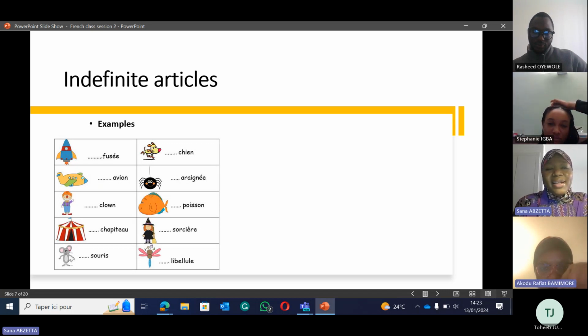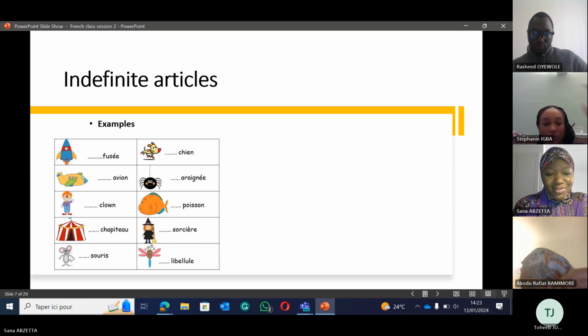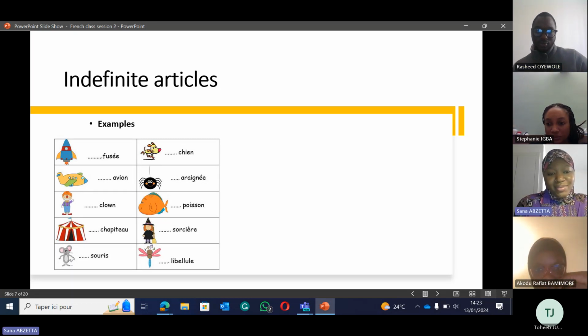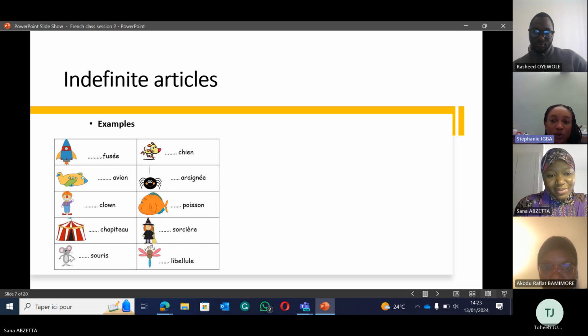So souris, it's a feminine word. We say une souris. Okay, Stephanie? Une souris. Good. Let's move to the dog.